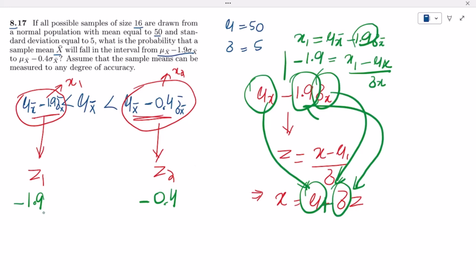You can also see from this conversion that since this is positive, it would be minus.